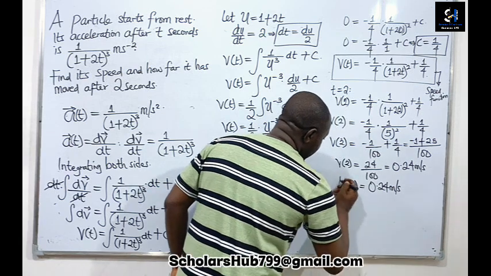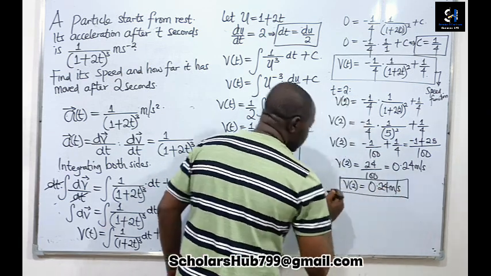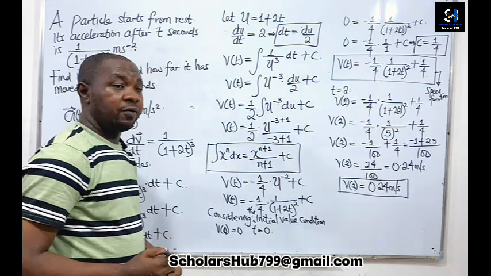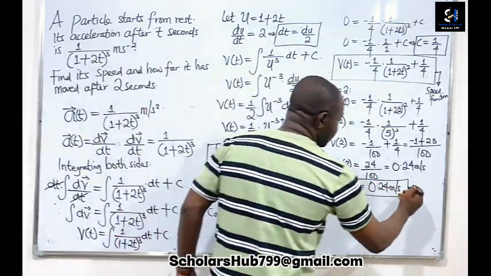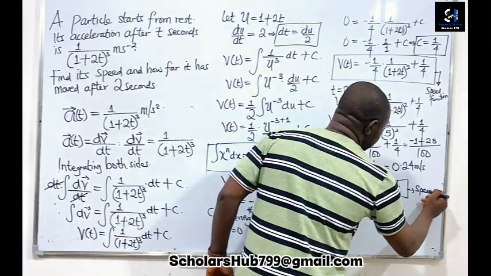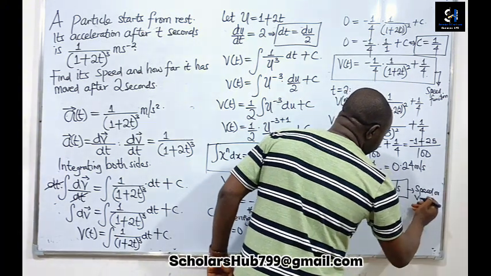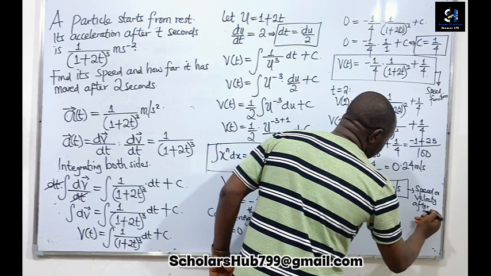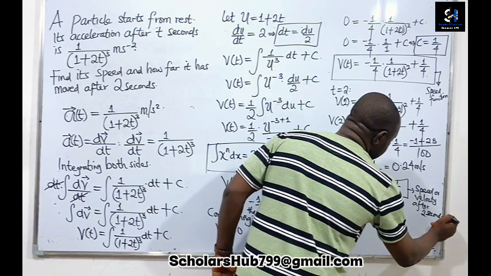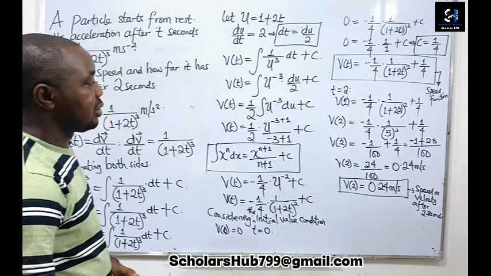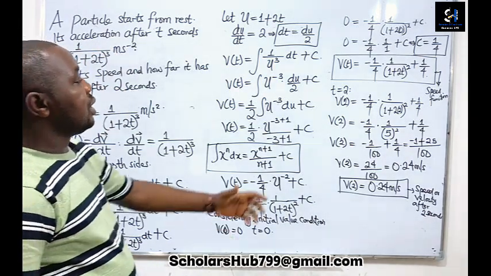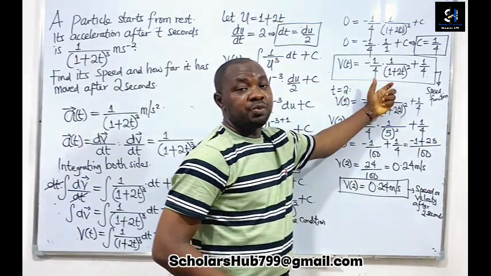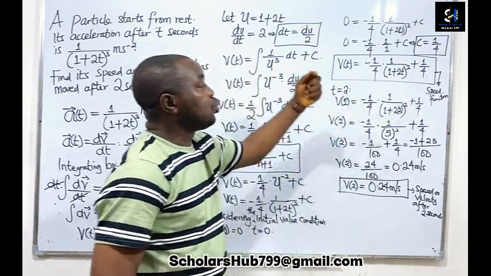So the velocity after 2 seconds is 0.24 meters per second. This is the speed, or we can call it velocity, after 2 seconds.